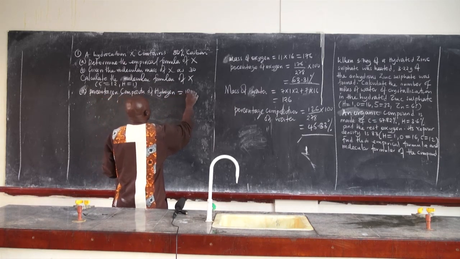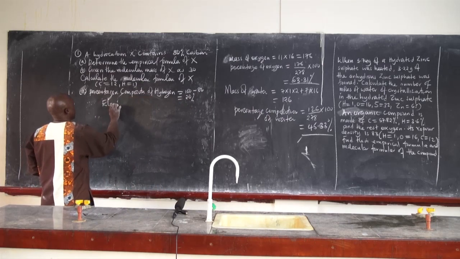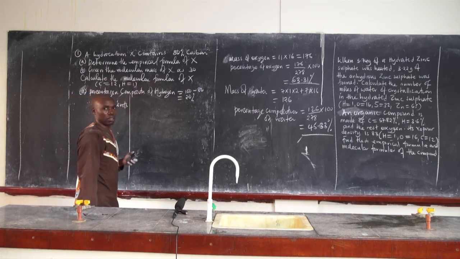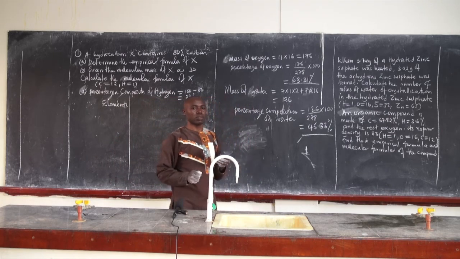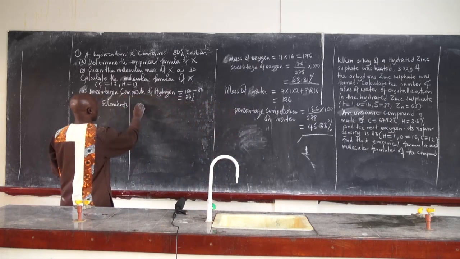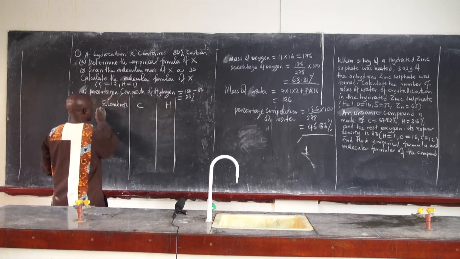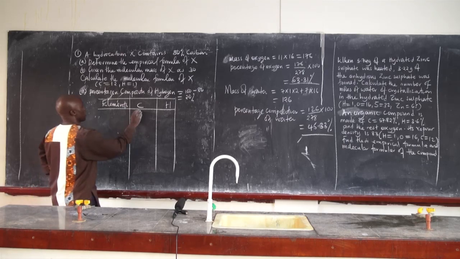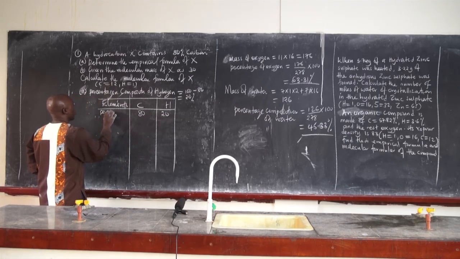Hydrogen is 100 minus 80, which gives us 20%. So go into our table and list the elements, carbon and hydrogen. Carbon is 80%, hydrogen is 20%. So this is the percentage composition.